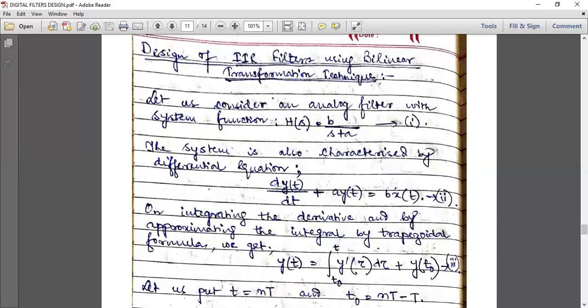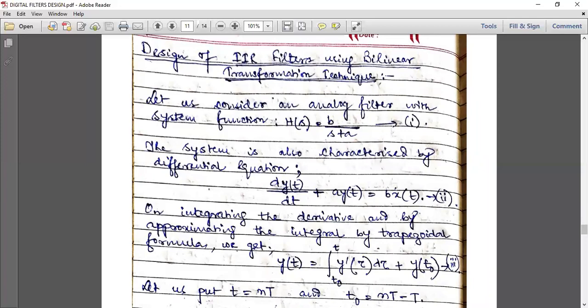Such a transformation will map a single point in the S plane to a unique point in the Z plane. Such type of mapping is called bilinear mapping. Bilinear means 1:1. The bilinear transformation is a conformal mapping by which we transform the j ohm axis into the circle in the Z plane only once, avoiding the aliasing effect.